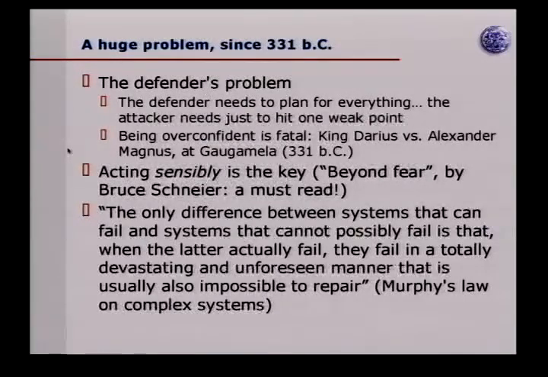I like to quote Murphy's Law on complex systems, which states that the only difference between the system that can fail and the system that cannot possibly fail is that when the system that cannot possibly fail fails, it fails in an unforeseen manner which is totally devastating and impossible to repair. Many security systems are just like this.